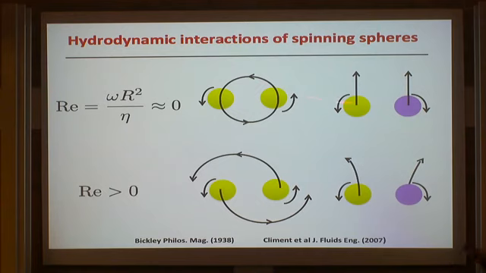If you just look at these things in a plane, so now they would be spinning in this plane, at zero Reynolds number, for two co-rotating spheres, the resulting flow field of a single sphere is just azimuthal, so they would follow the wake of each other, and so they would have this bound rotation, and no matter which distance you put them at, they would just keep following, so the distance between them would stay constant.